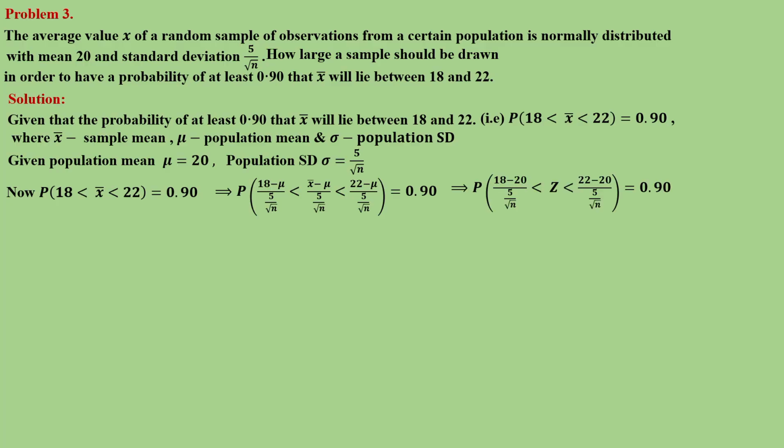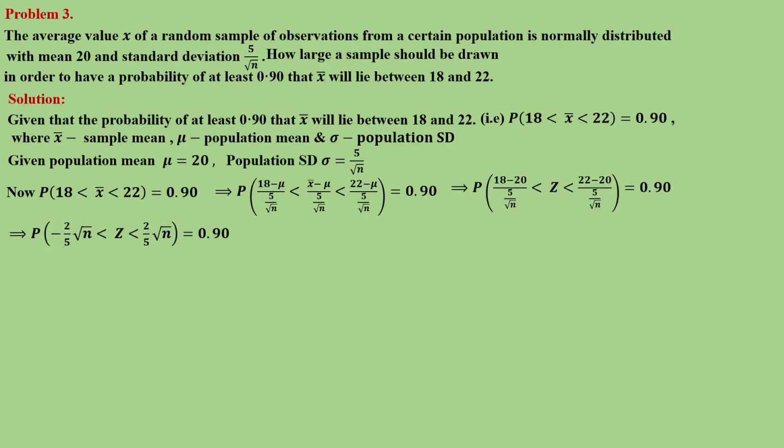We know z is the test statistic, x bar minus mu by standard deviation. So in the middle we replace it by z. It becomes probability of (18 minus 20) by 5 by root n less than z less than (22 minus 20) by 5 by root n equals 0.90.